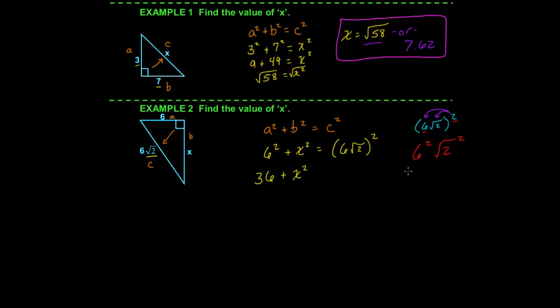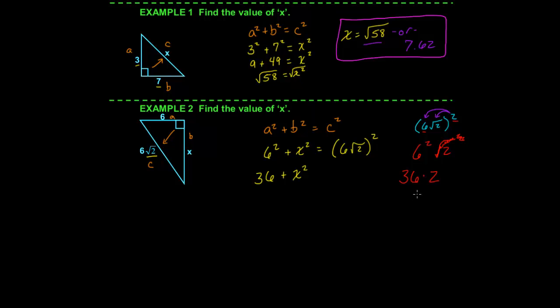Our 6 squared, we know from right over here, is 36. So 36 times the square root of 2 squared. Square root squared, these cancel each other out. So now we're left with 2.